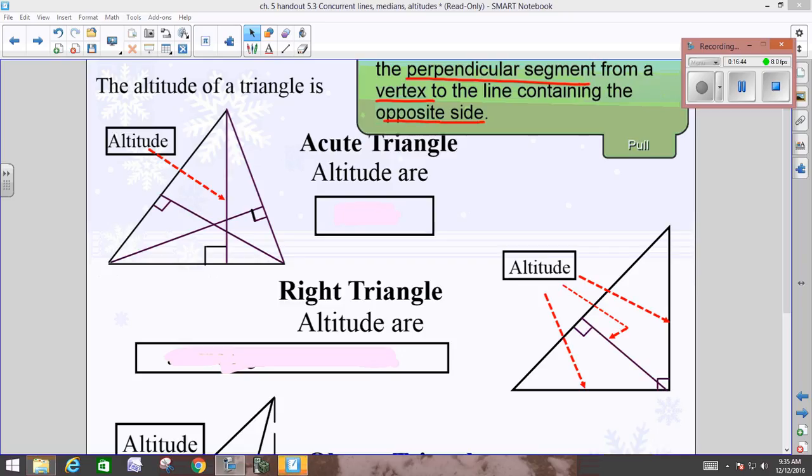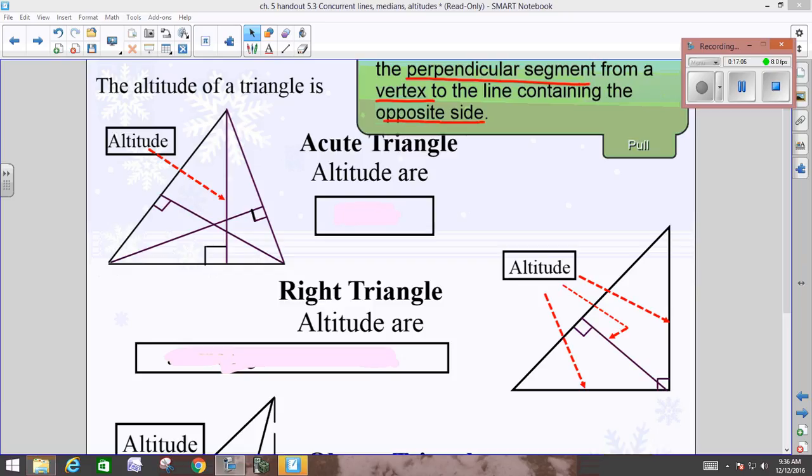Perpendicular means they're going to make what? A right angle. Good. Since they're starting at a vertex, how many altitudes are going to exist in a triangle? 3 of them. Okay. Today you won't be responsible for drawing them, but tomorrow on tomorrow's worksheet, you're going to have to draw the altitudes and the medians for given triangles.